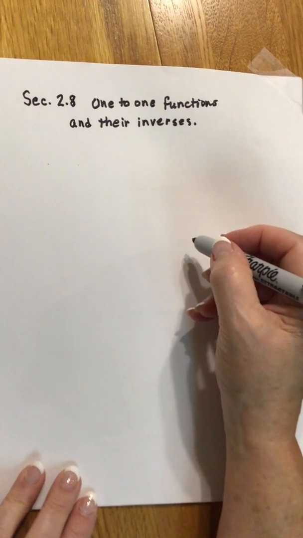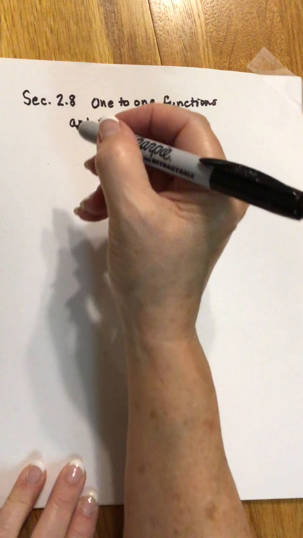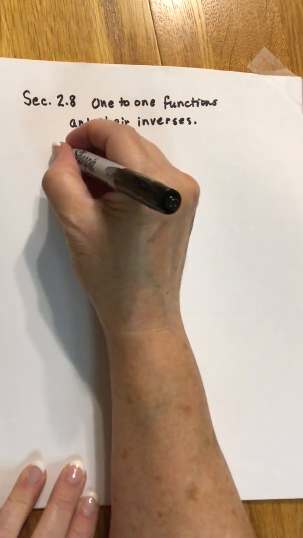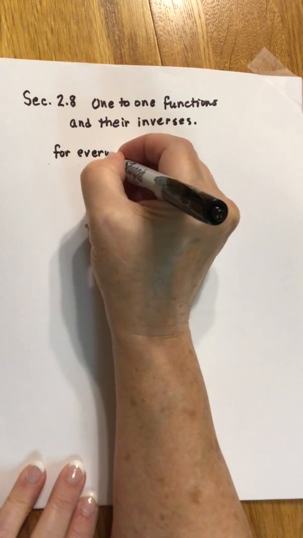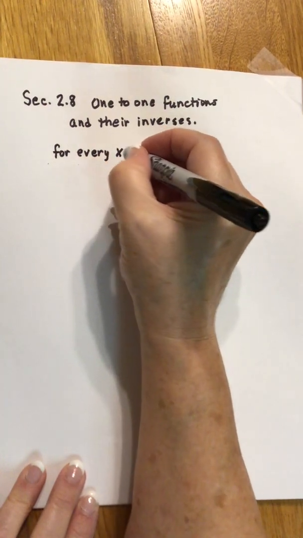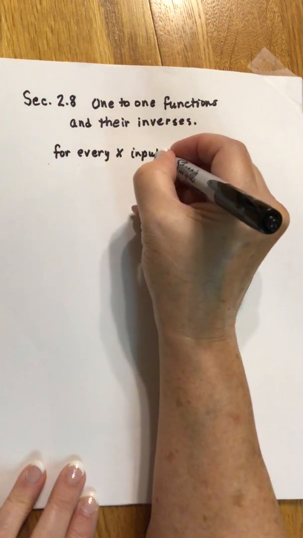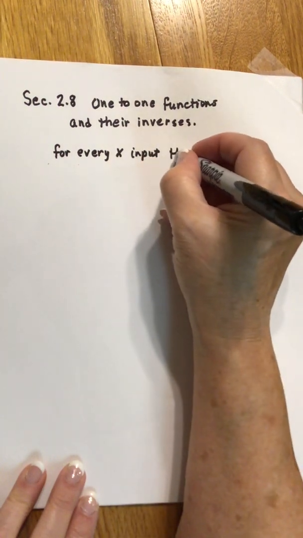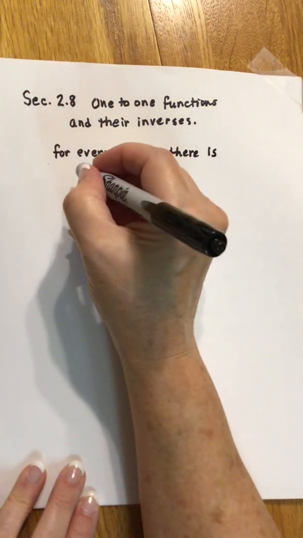We've already gone over the definition for function, which includes the phrase for every x input, there is one and only one output.